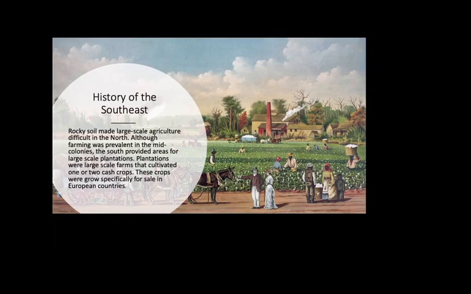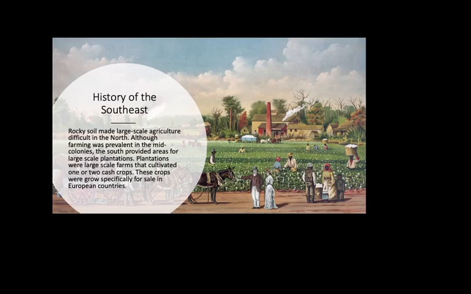Obviously, the South had better conditions, longer seasons because of the weather. And in order to make money, we called them cash crops because they were grown with the intention of making money off of them. So these large plantations would grow maybe one or two things in their entire farm.